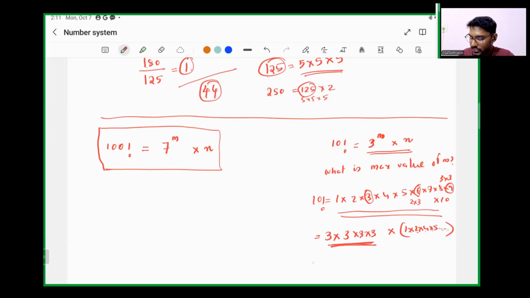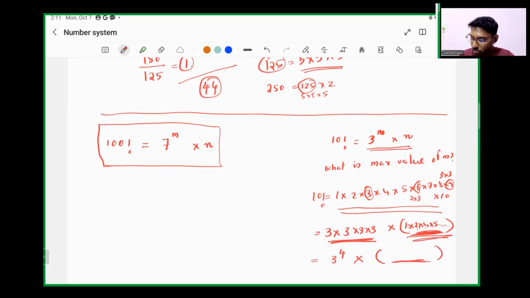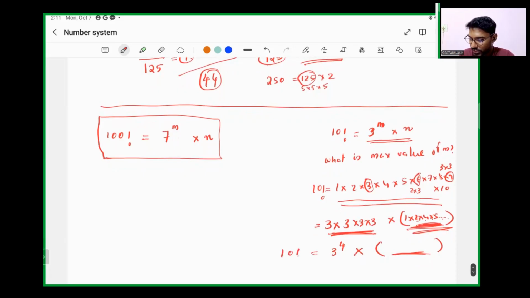Now this you will get as, there are four 3's, right? So you will get 3 raised to 4 into some number. We don't know what we get after multiplying all these numbers, let's say it comes here. So now 10 factorial is in the form of 3 raised to 4 into some number. So here m will be 4 and n will be this big number.